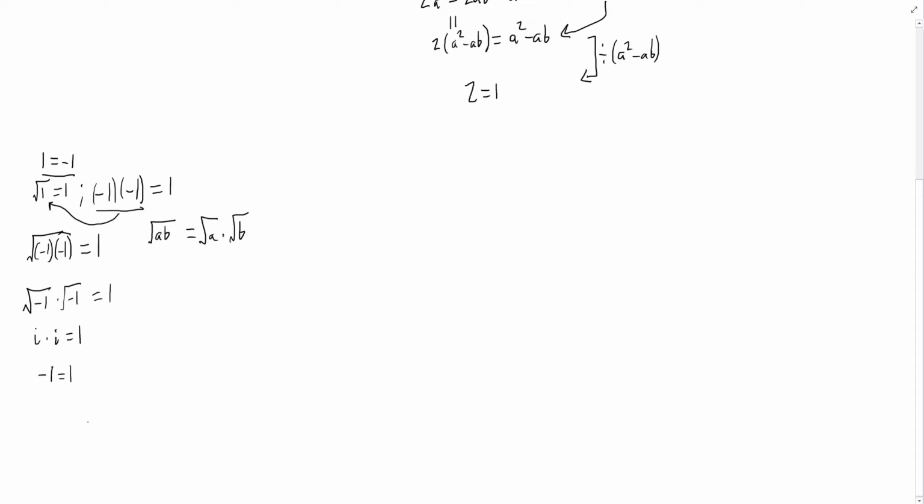So now that we have that -1 is equal to 1, if I add 1 to both sides, we get 0 is equal to 2. Now, it's also an obvious fact that 0 is equal to 0.